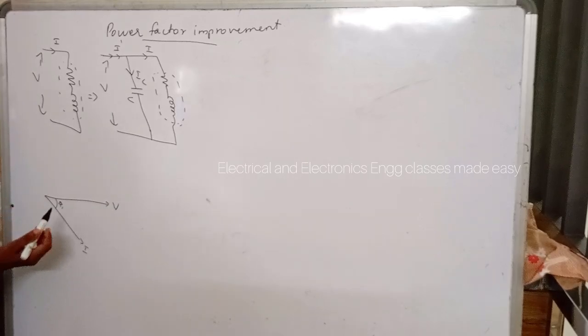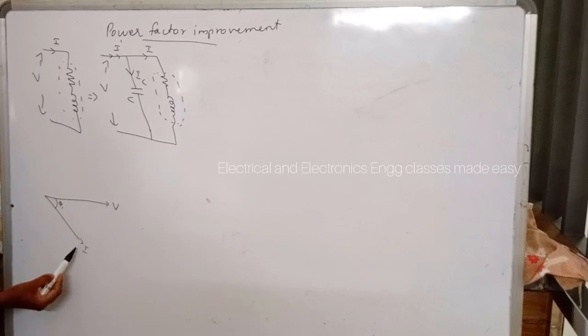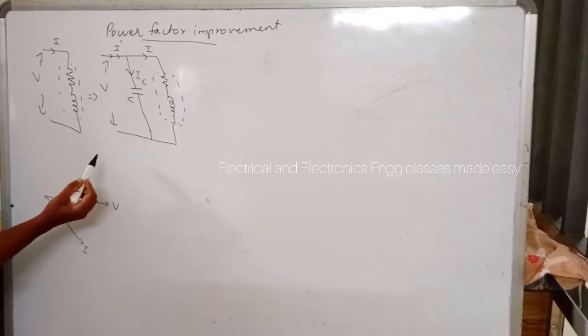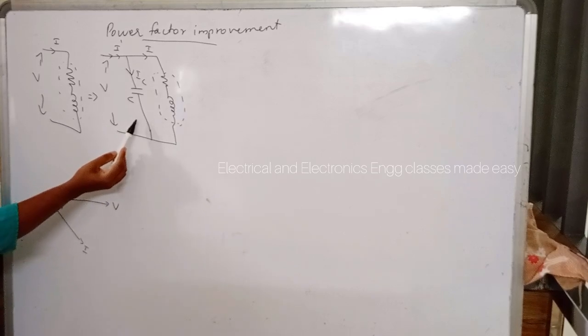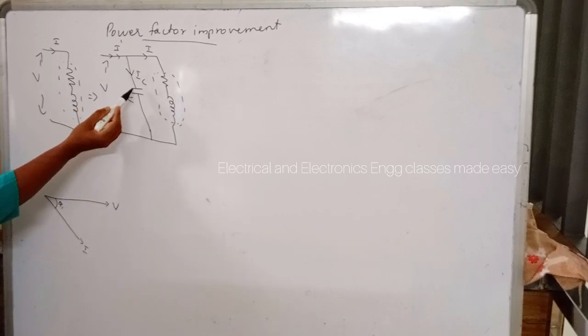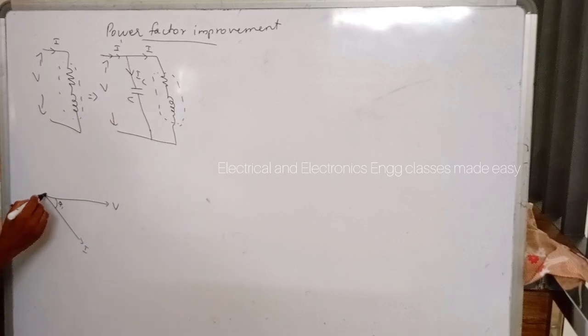Consider a single phase load taking a lagging current I at a power factor cos phi 1. The capacitor C is connected in parallel with the load. Then the capacitor draws a current IC, which leads the supply voltage by 90 degrees.